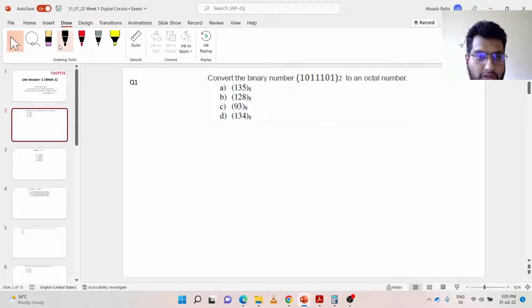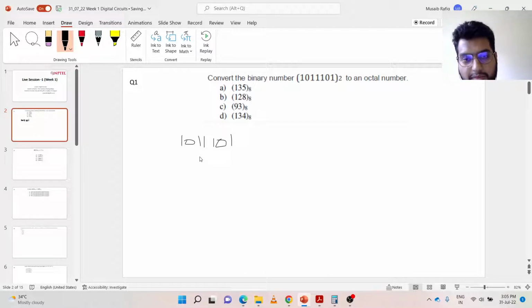How will we proceed with this question? We'll first convert this binary number to a decimal number, and then convert this decimal number back to octal. 10111101 in decimal can be written like this.